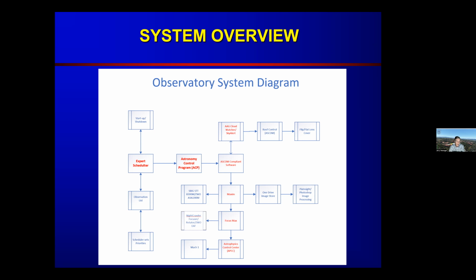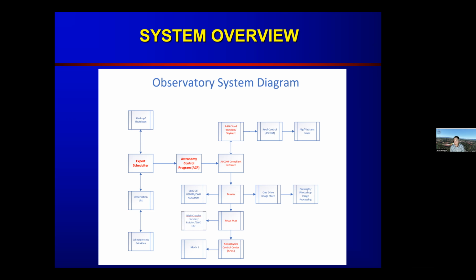Now, on the left side of the diagram is Expert Scheduler. I told Bob Denny that he should call Expert Scheduler AI, and the next time he gave a lecture at AIC, he called it AI. I thought that was cute, because it's not really artificial intelligence, but it is a flexible algorithm for scheduling.